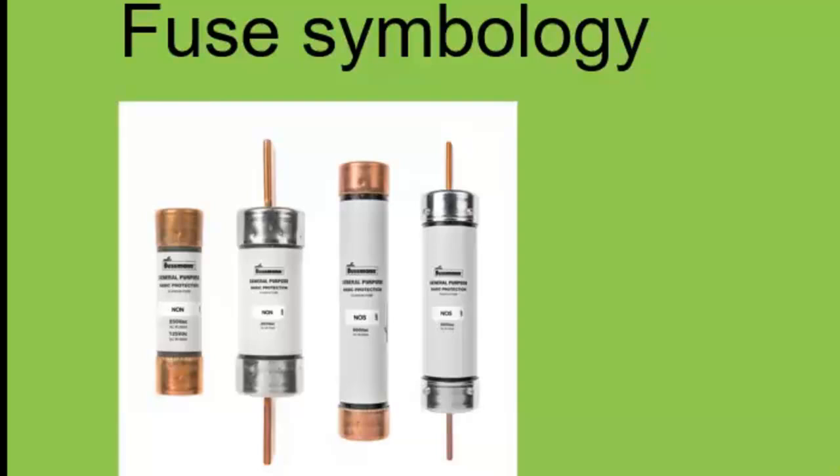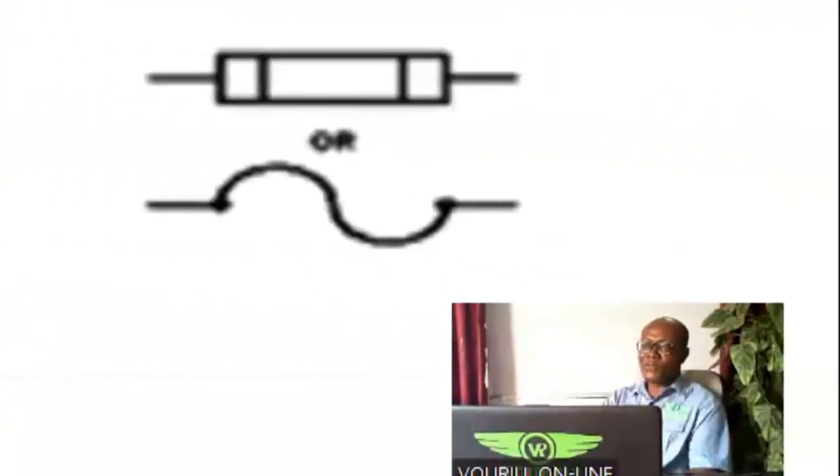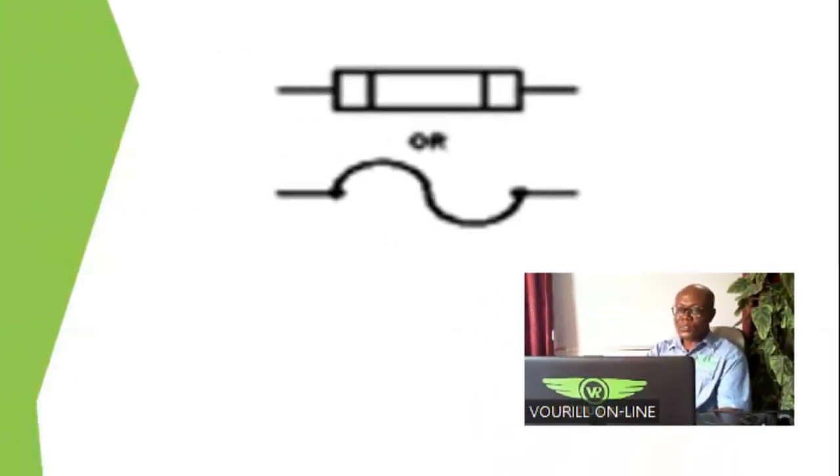So how are they represented in the electrical diagram? As you can see on your screen, that is how fuses are represented in the electrical diagram. Whenever you see a symbol like this, you know clearly that what you are looking at is a fuse.